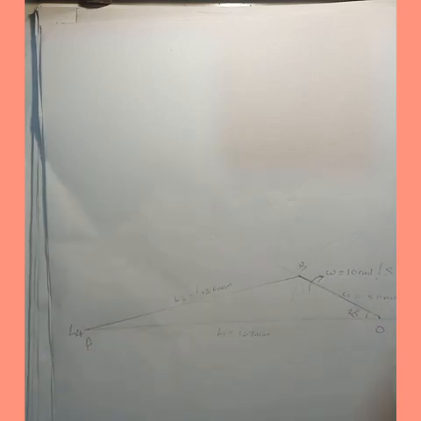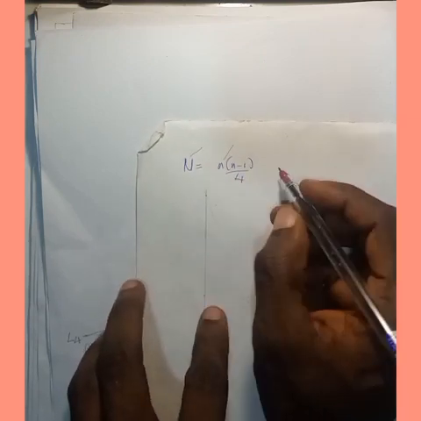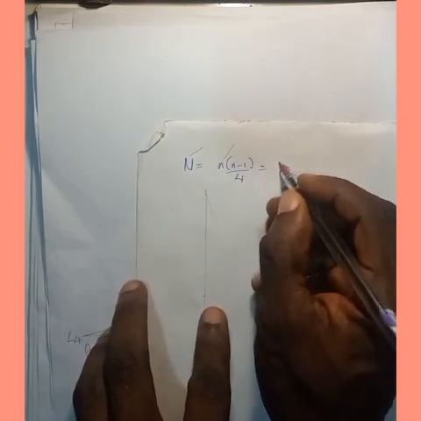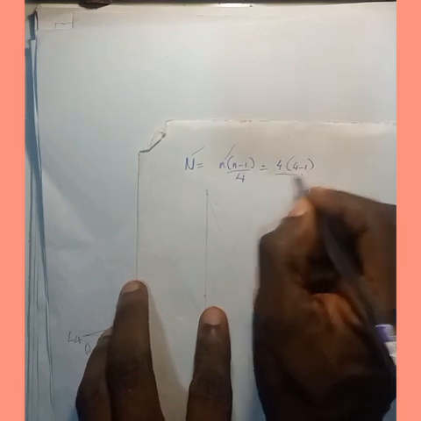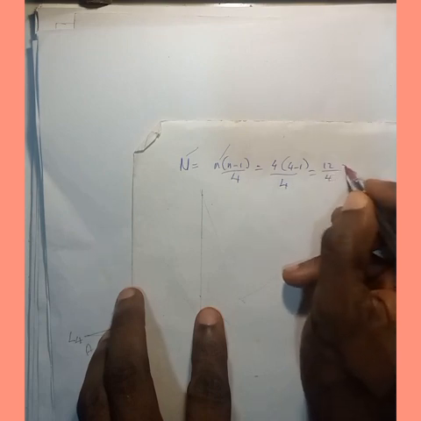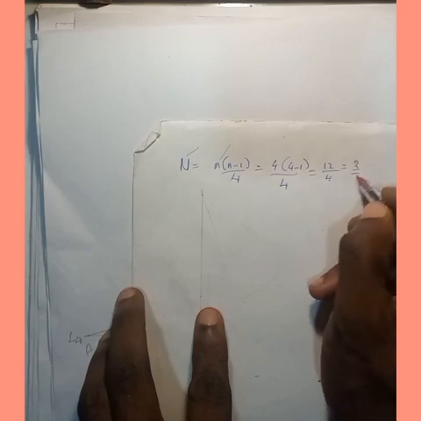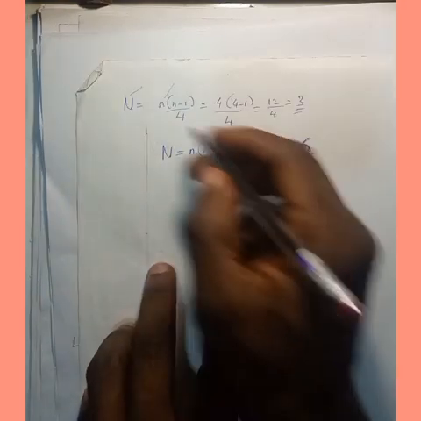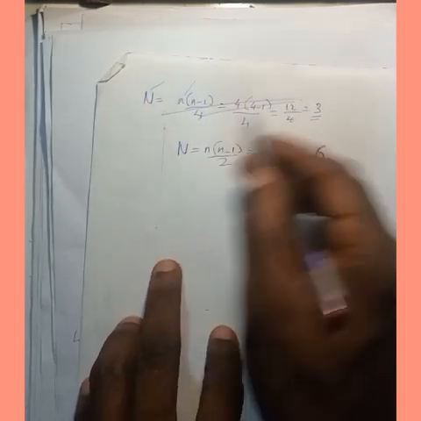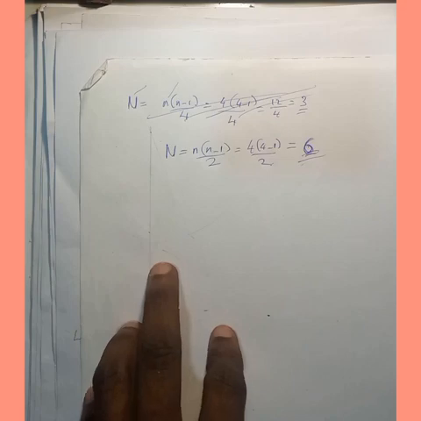So your slider here is your link 4. So now, since we have 4 links, the number of instantaneous centers is going to be 4(4 minus 1) all over 4, that's 12 over 4, and that is 3. So the number of instantaneous centers is 6, not 3, it's over 2, not over 4. So the number of your instantaneous centers is 6.